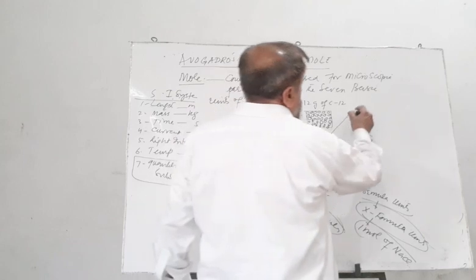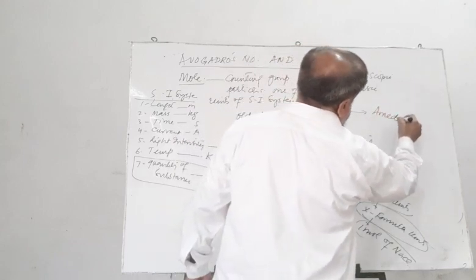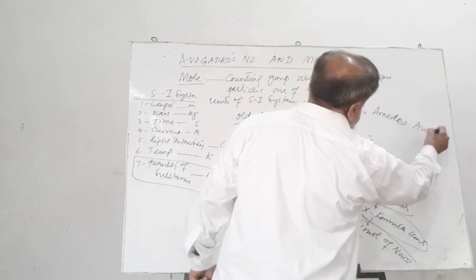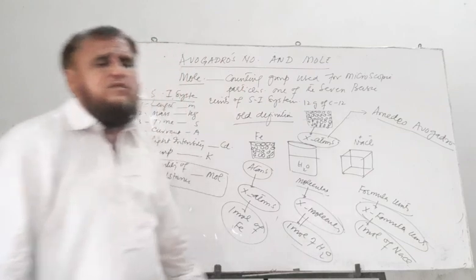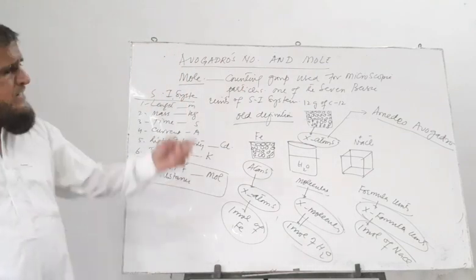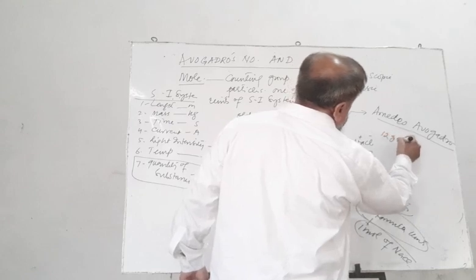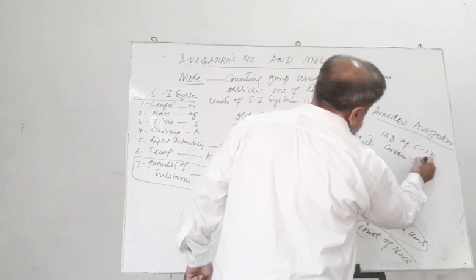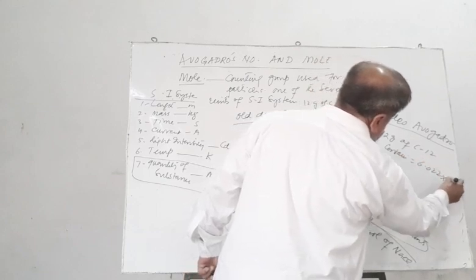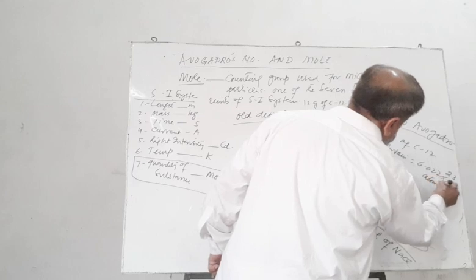This quantity X was determined by a scientist whose name was Amedeo Avogadro. Through the electrolytic process, he determined that 12 grams of carbon 12 contain 6.022 into 10 to the power 23 atoms of carbon.